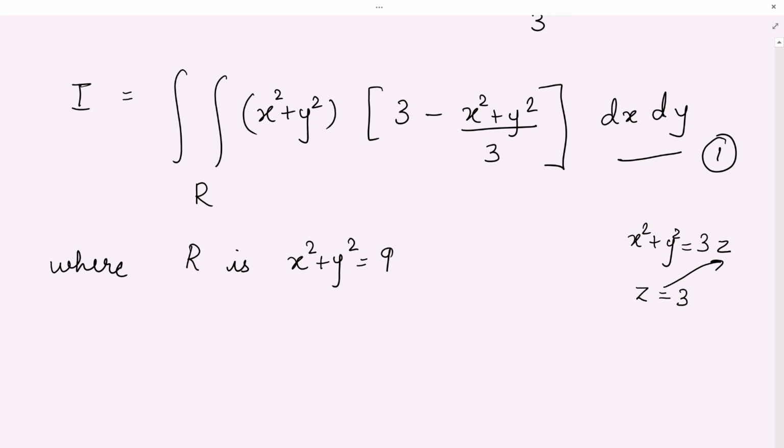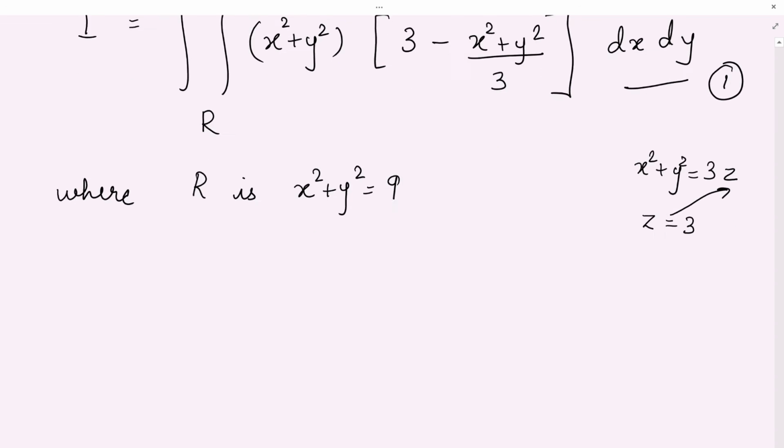Doing the same steps as we did in the earlier sum. So you can pause the video, convert it into polar coordinates, check your limits whether you have understood the sums or no, and you can come back and always check the answer. Okay, fine.